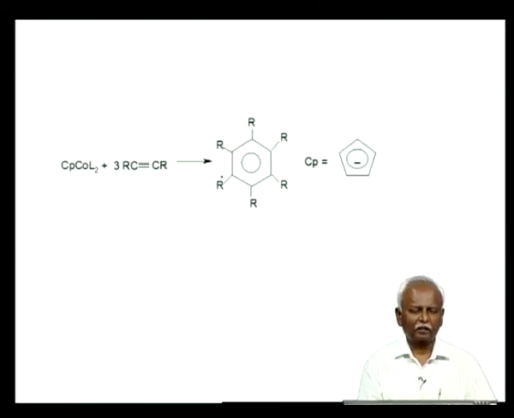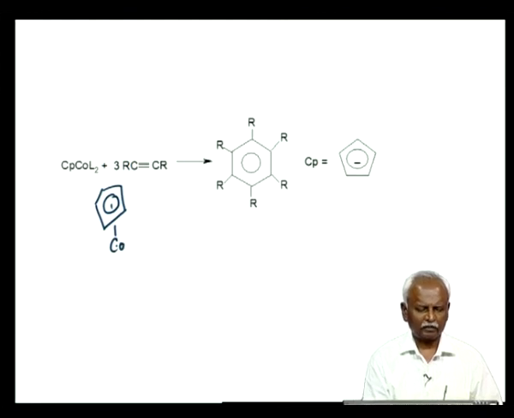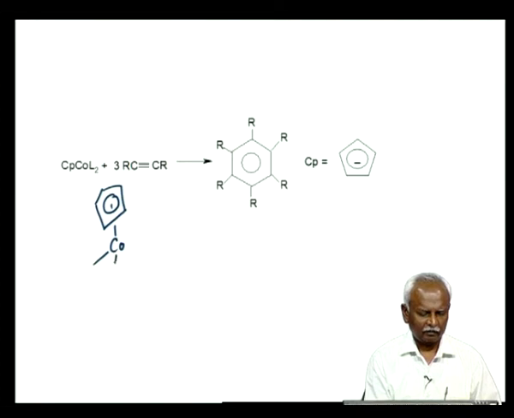So, let us take a look at a molecule which is very well studied, a cyclopentadienyl cobalt complex, and one can in fact draw this molecule in a different fashion. So, this is the cobalt center, it is bonded to all 5 carbon atoms, and you have 2 neutral ligands.